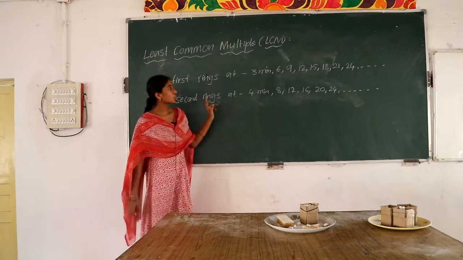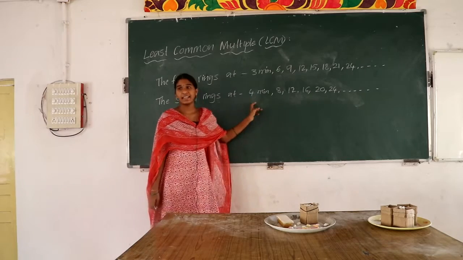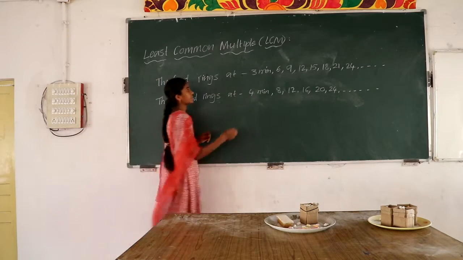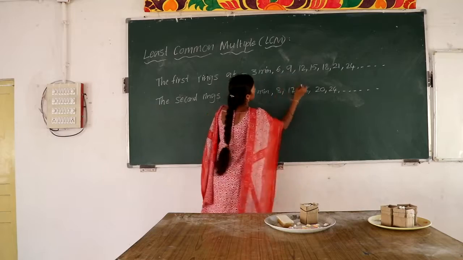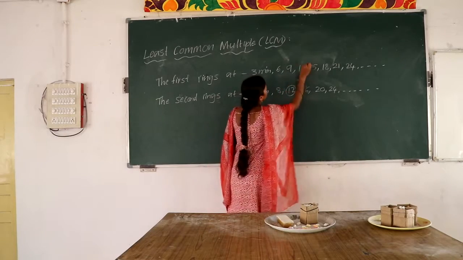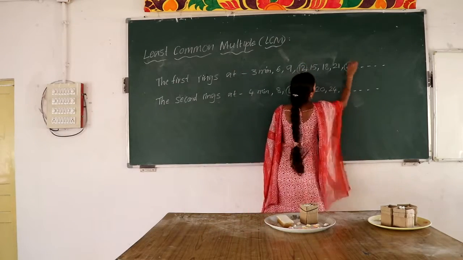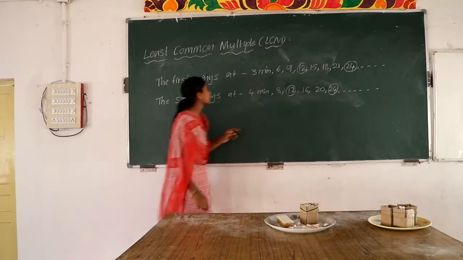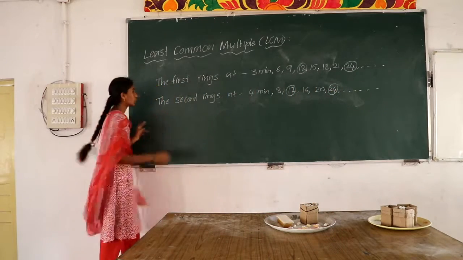From these two, are there any common multiples? Yes. 12, 24. These are the common multiples of 3 and 4.